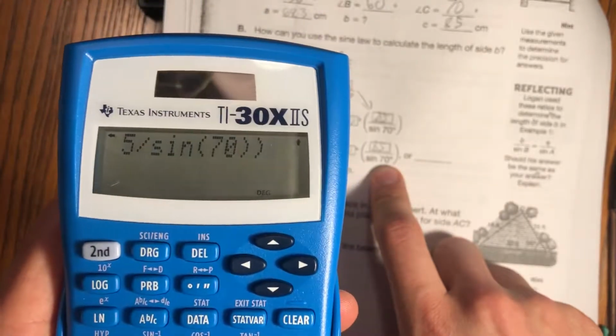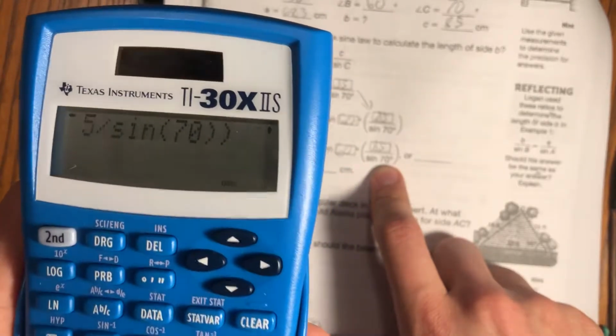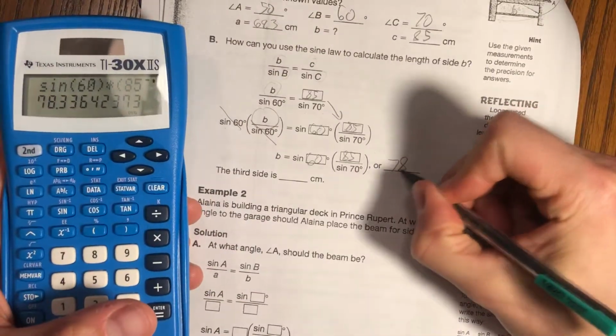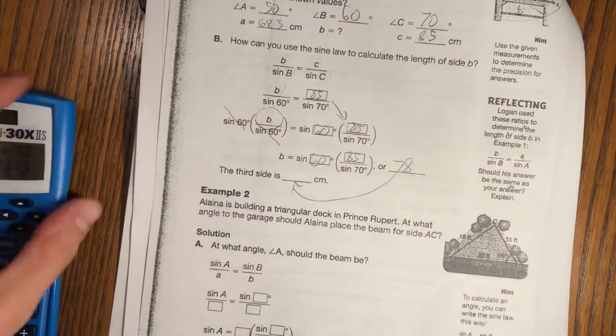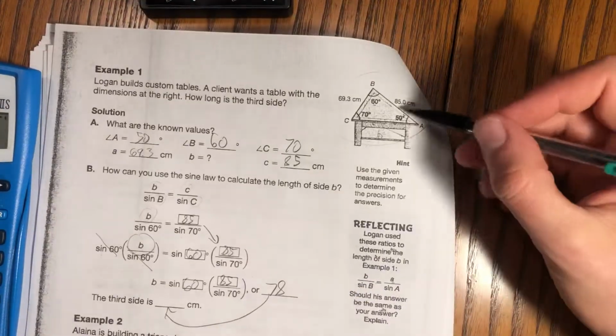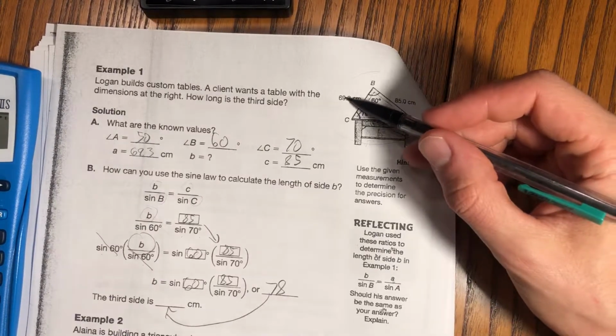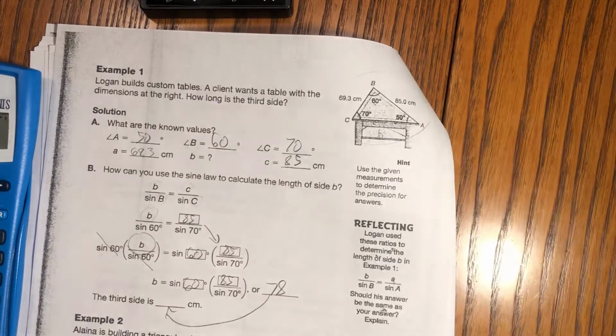And make sure you close the brackets, equals 78. The third side is 78 centimeters. And does that make sense? Well, these are 85, 70, or yeah, 69, 78. Makes sense.